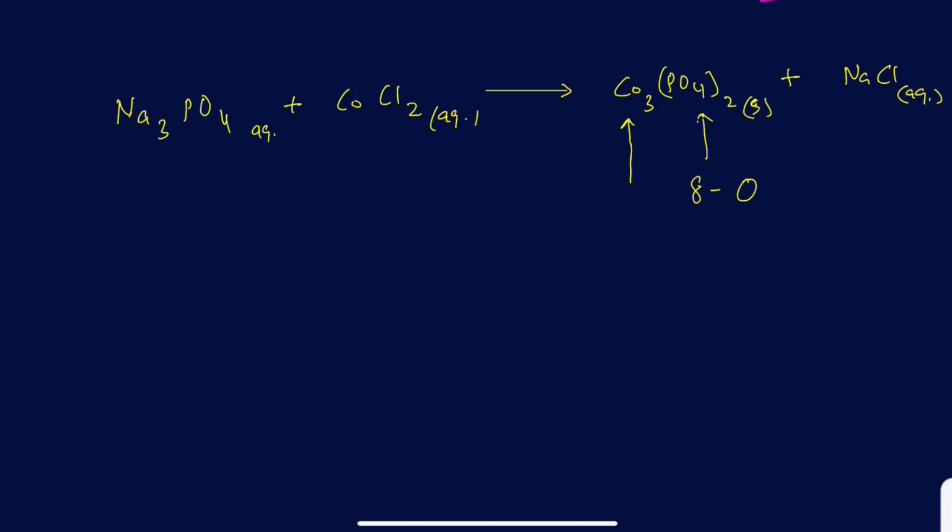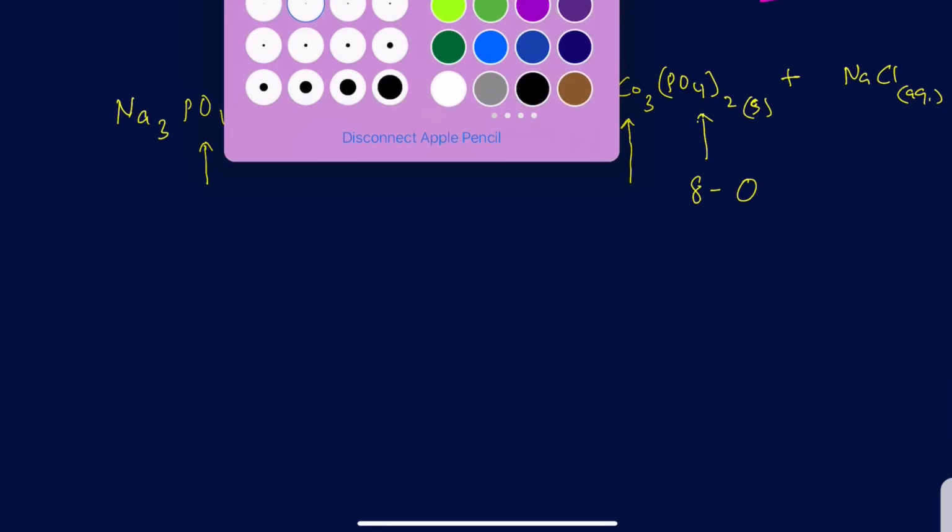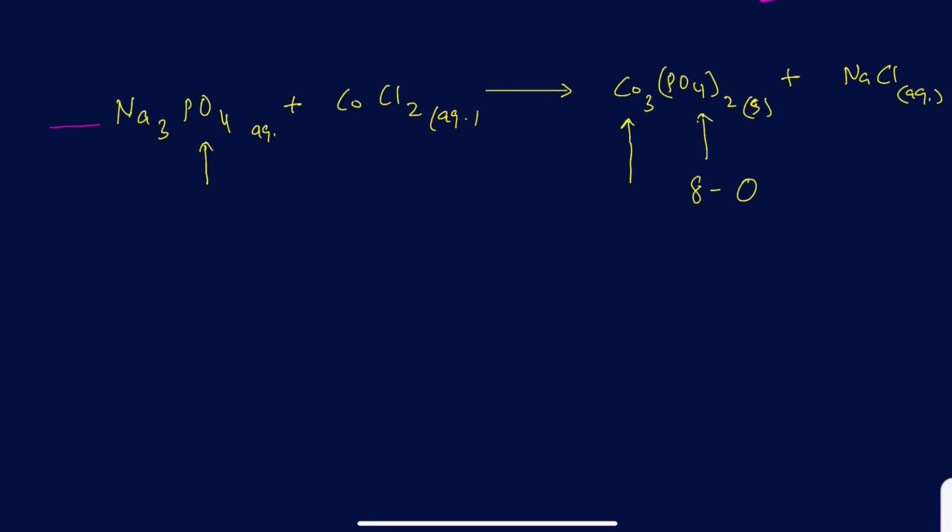So you've got 8 oxygens on the product side, and now when I go back onto the reactant side, how many oxygens do I have? The only source for the oxygen is the sodium phosphate, or the first reactant, which gives you 4 oxygen atoms. So to make 8 oxygen atoms, what would I have to do? I would go ahead and multiply this reactant by 2. So put 2 as a coefficient in front of sodium phosphate.